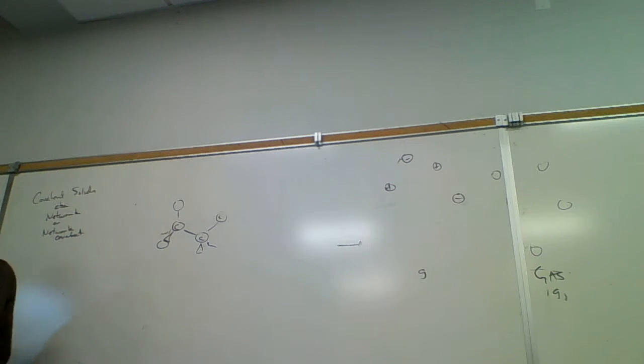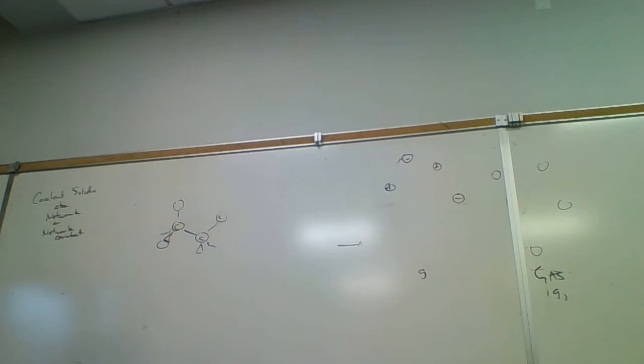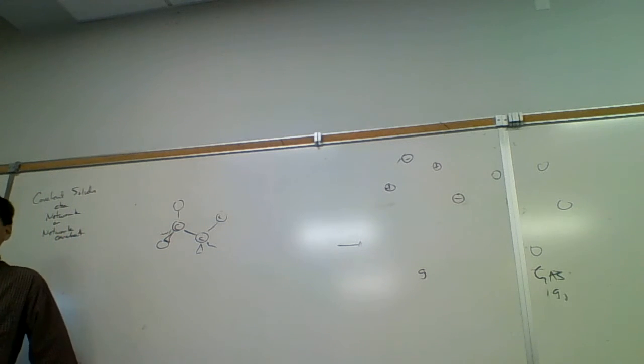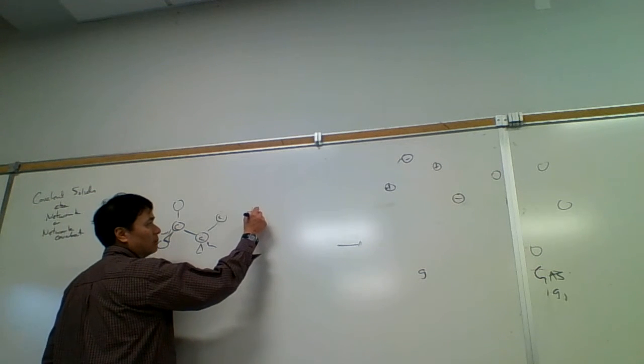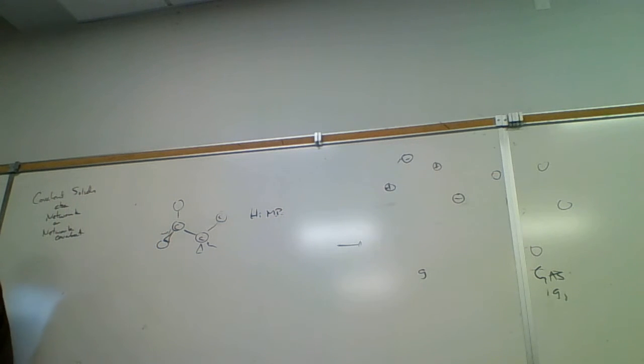So is it easy to break covalent bonds or difficult to break covalent bonds? Difficult. And so if it's difficult to break the bonds, does it have a high melting point or a low melting point? High melting point. These have a very high melting point. Diamond and quartz, very difficult to melt.